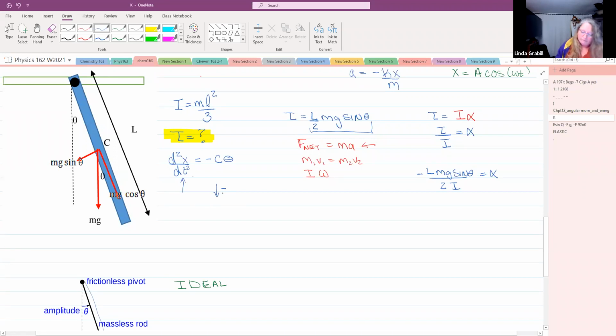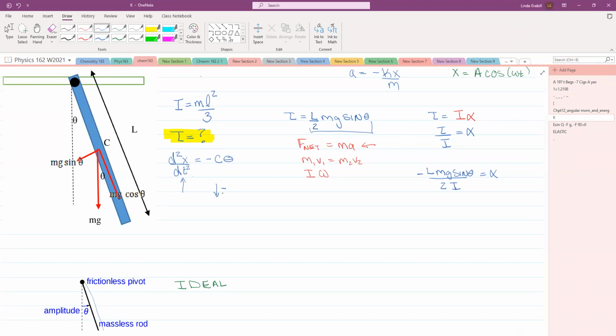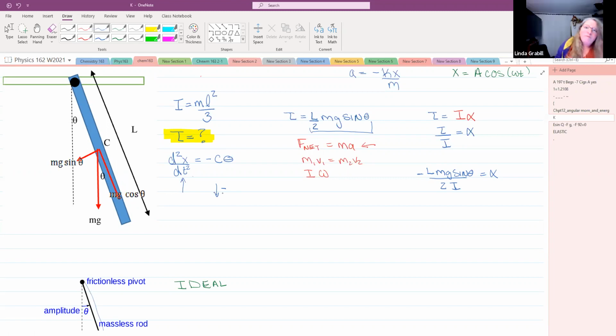It's no big deal. So can I have a quick question? Yeah. Can you just go over how we got torque equal to L over 2 mg sine theta? I didn't quite follow that. Okay, so what force is making this thing go? What's going to keep it swinging? The force of gravity? Yep, yeah. And if I have no friction in there, then all I have is the force due to gravity.